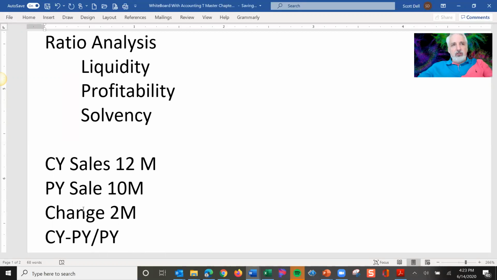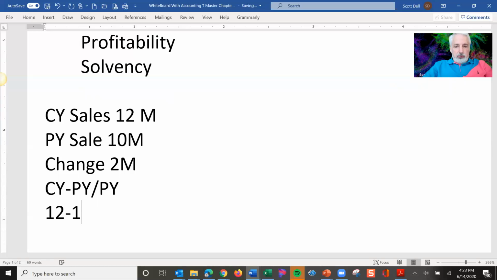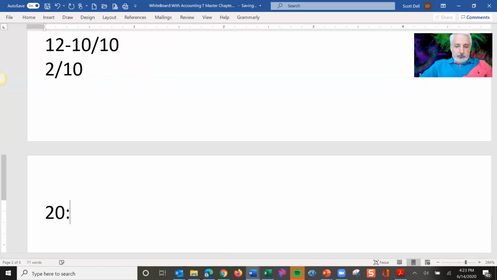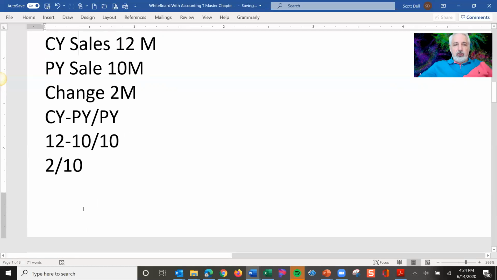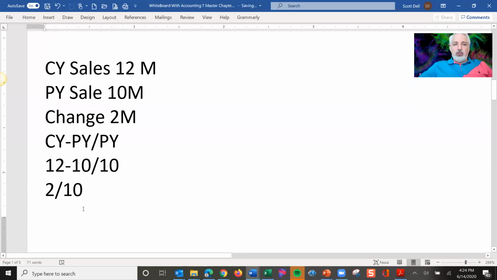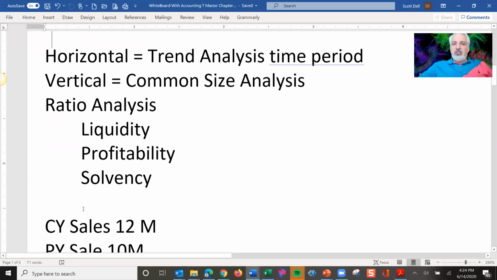So we have 12 minus 10, in parentheses, divided by the prior year, which is 10. That gives me 2 over 10, which yields 20%. So I went up from $10 million to $12 million, a change of $2 million, which is a 20% increase since last year. So that's our horizontal analysis.